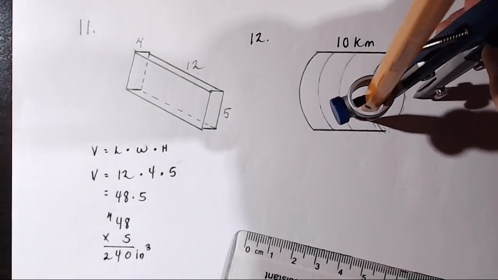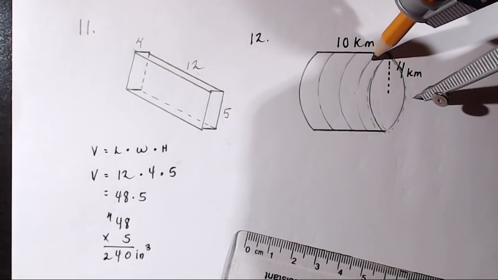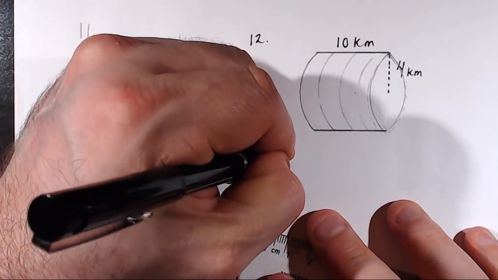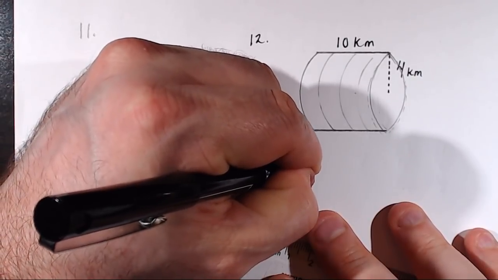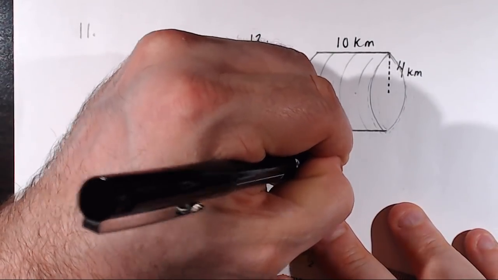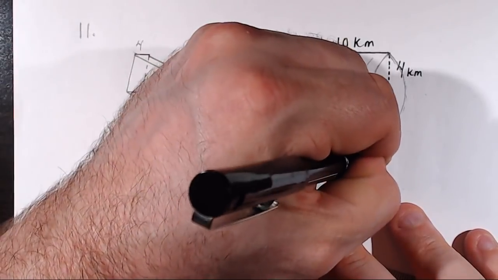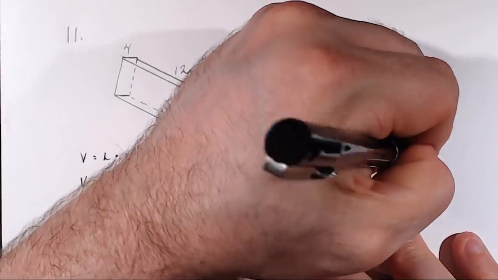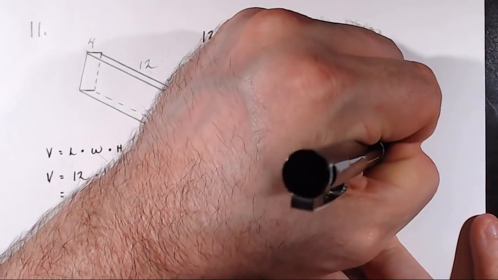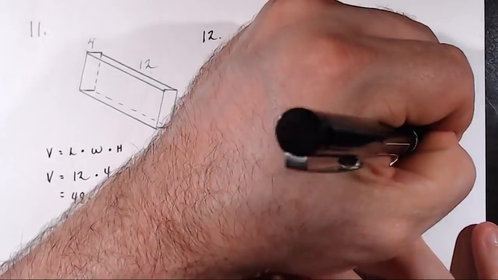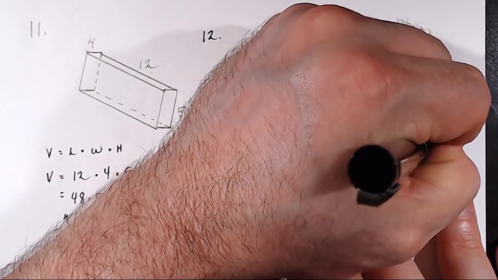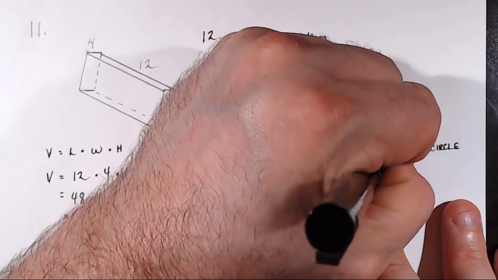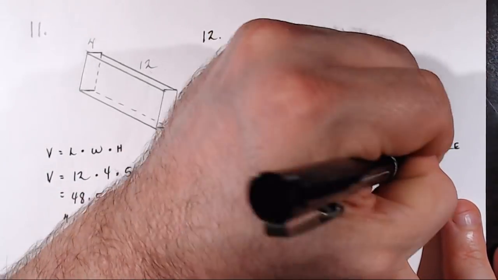That's what the cylinder is. I'm just stacking circles up. And so what I need to do is find the volume of a cylinder. I'm going to write it this way. The volume of a cylinder is equal to the area of the circle times length.